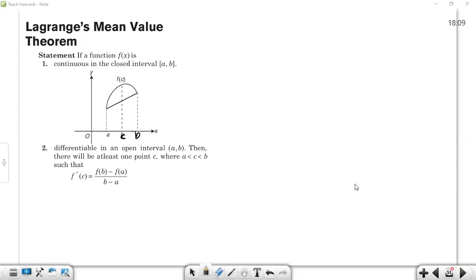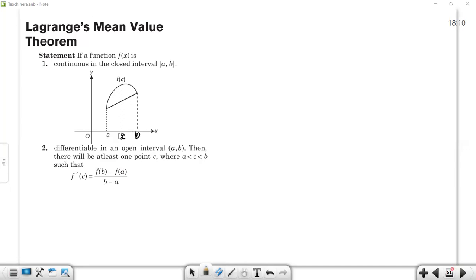In this function, it is continuous in the closed interval, a and b both included, and differentiable in the open interval. These two conditions are the same, but f of A and f of B are not equal here, as you can see from the diagram also.